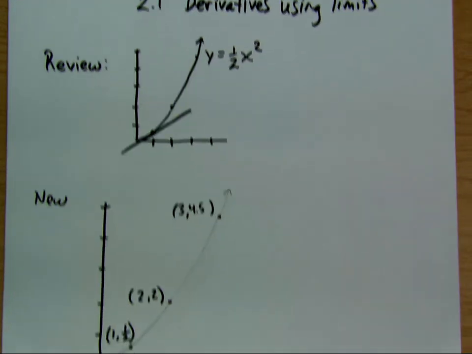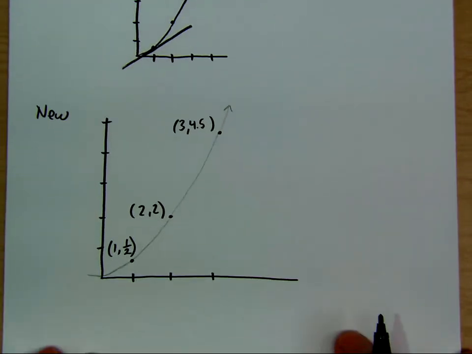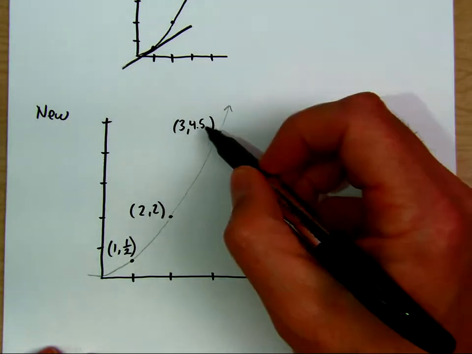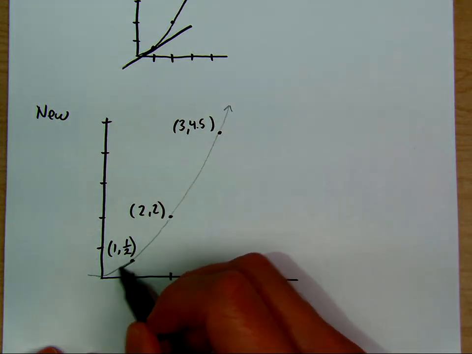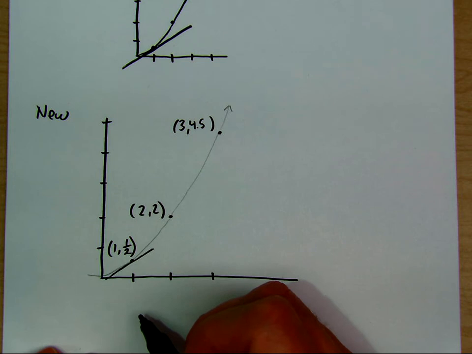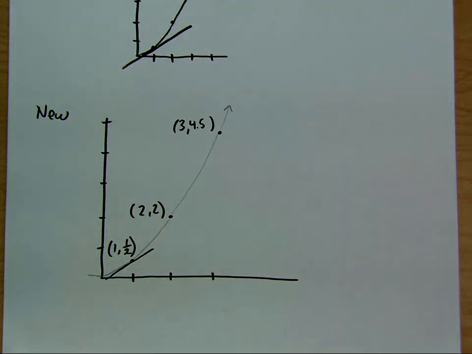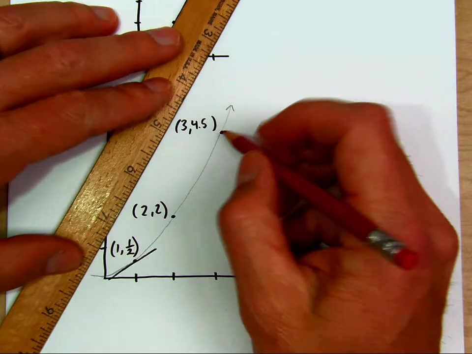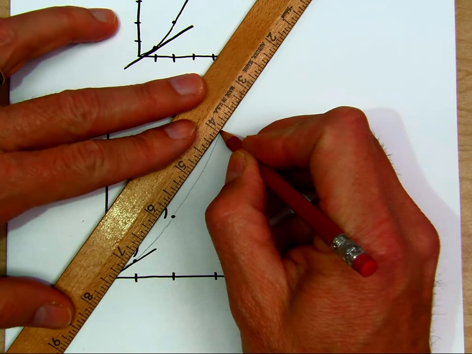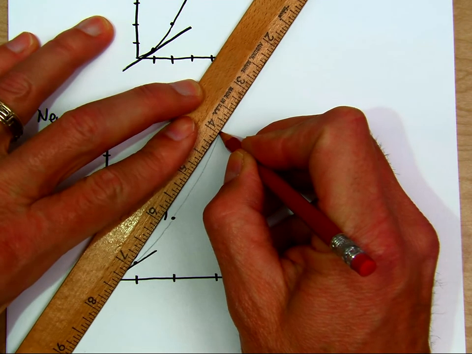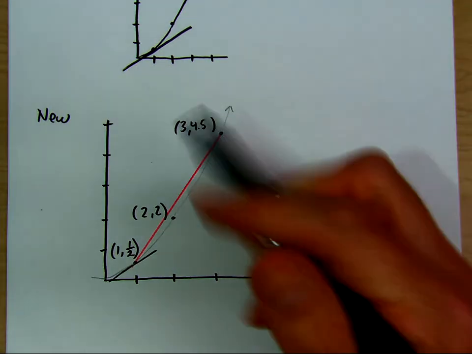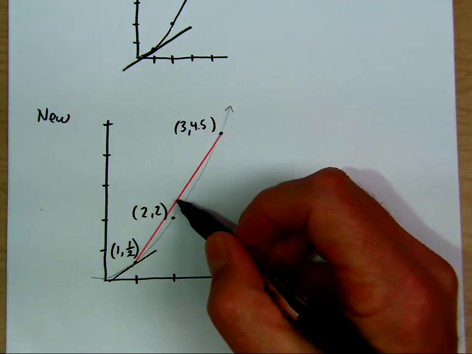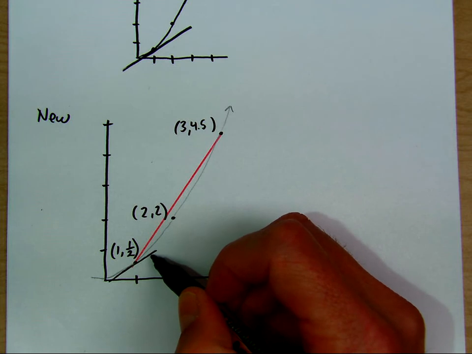And so here's the process. Here's the same graph. We have the same points. We're trying to find the slope of the tangent line here. And to do that, we're going to find the slopes of secant lines. So we'll just say the red line is maybe close to the slope of the black line.